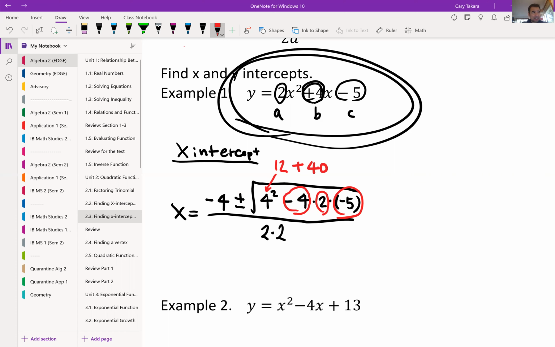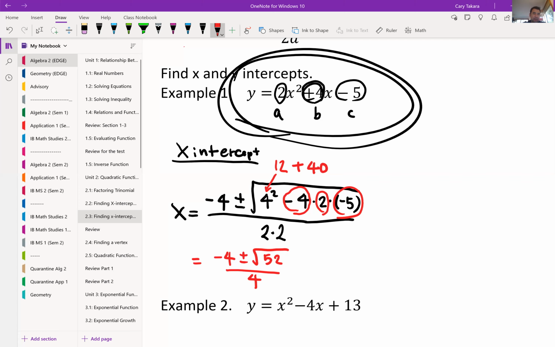You get that? In other words, you will just have a 12 plus 40. So you will have a square root of 52 over 4. Okay. You guys with me so far?